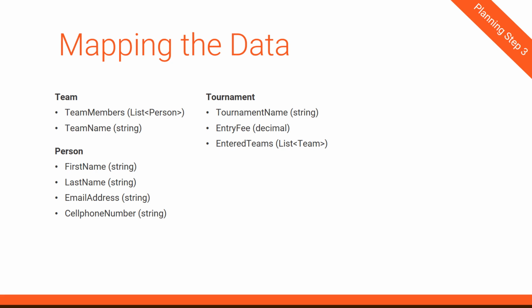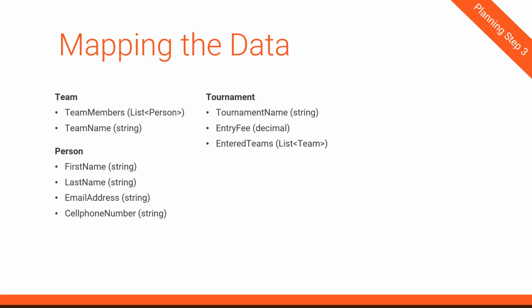The great thing here is when we're developing this tournament, we're not thinking about, oh, I have to enter the first name and last name and email address and phone number of these people who were on teams and all the rest. We're just concentrated on what the tournament needs. Even if we hadn't yet created that team or that list of person called team members or anything else, we could say, I just need a list of teams. And then from there we could say, okay, in a team, this is what I need. And then in a person, this is what I need.